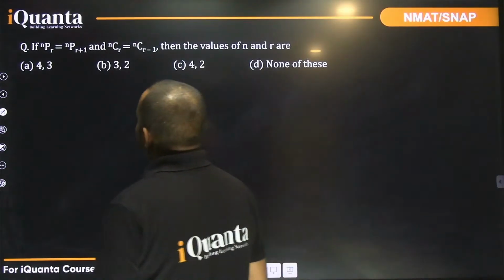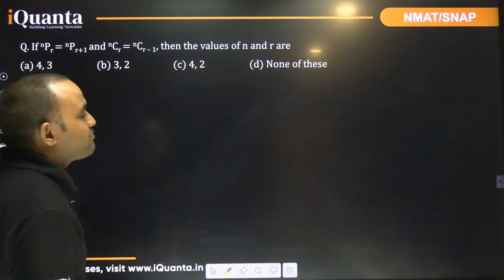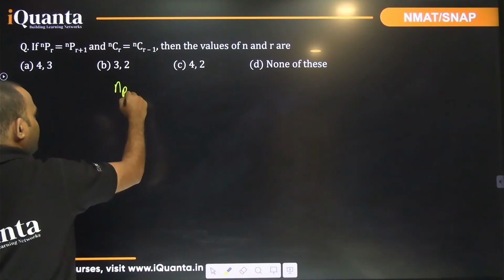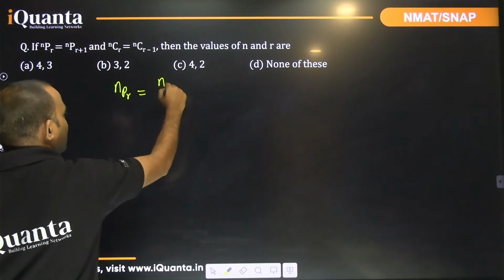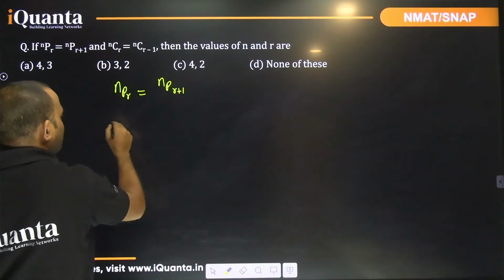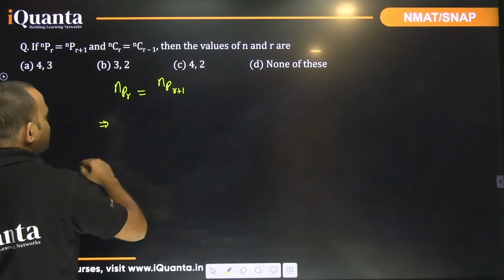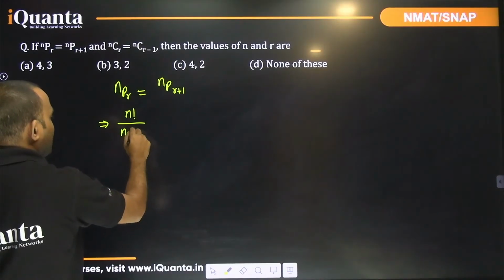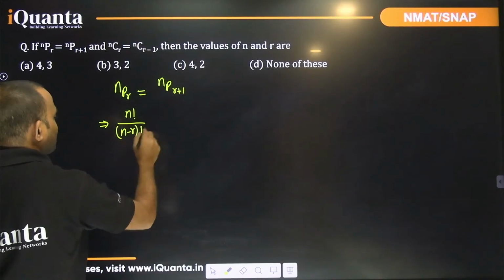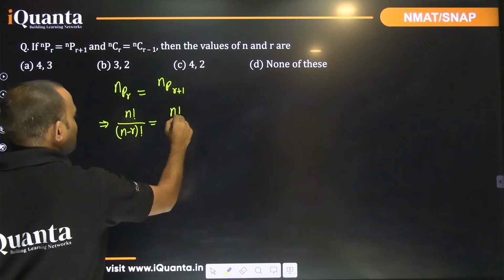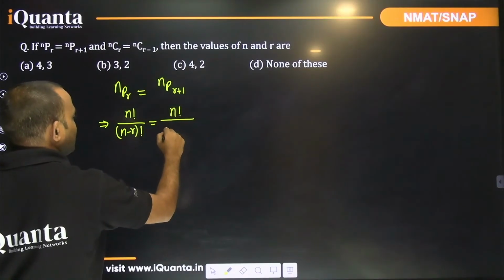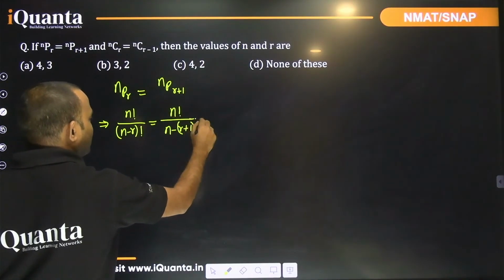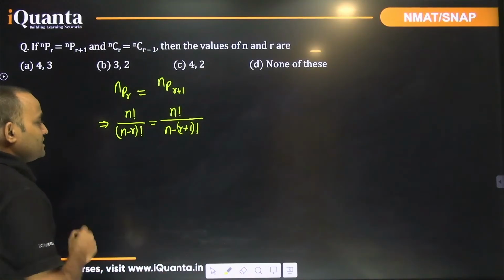What's the answer? nPr is equal to nPr plus 1. What does that mean? Can we say this will be equal to n factorial divided by n minus r factorial, and this will be equal to n factorial divided by n minus r plus 1 factorial, right? These two are equal.